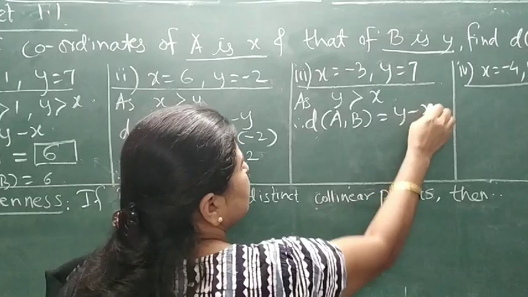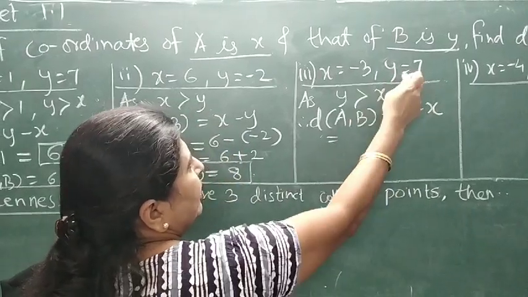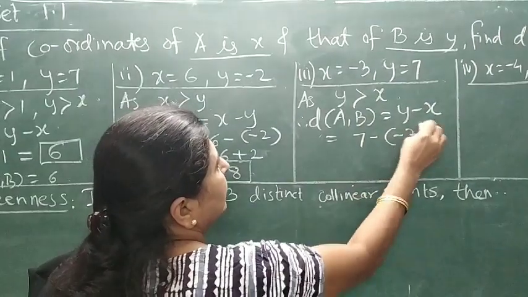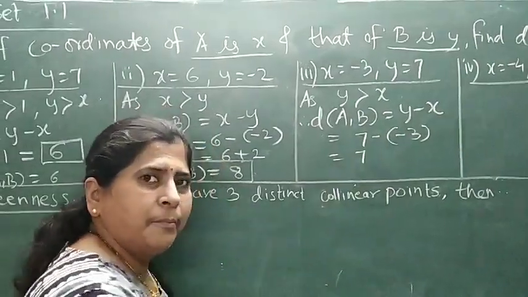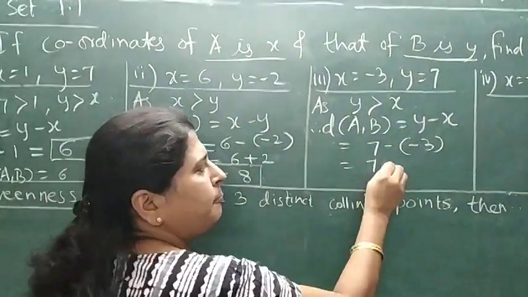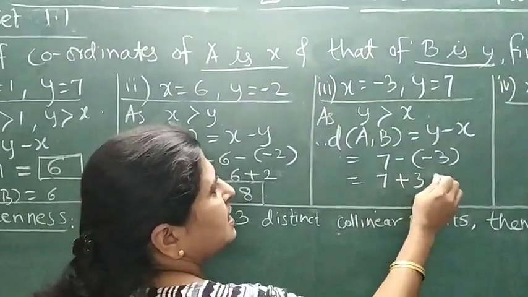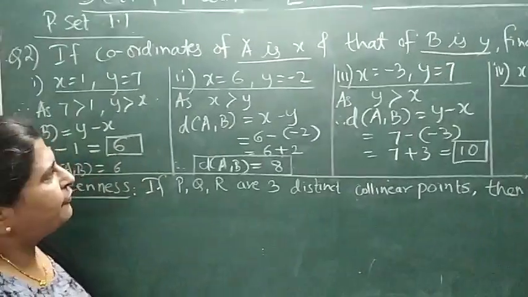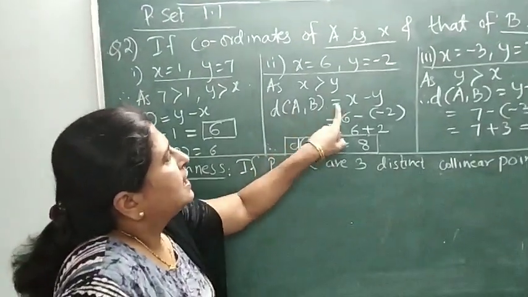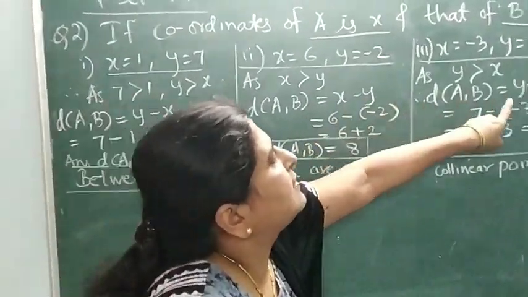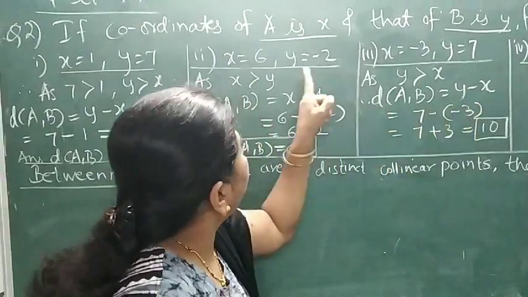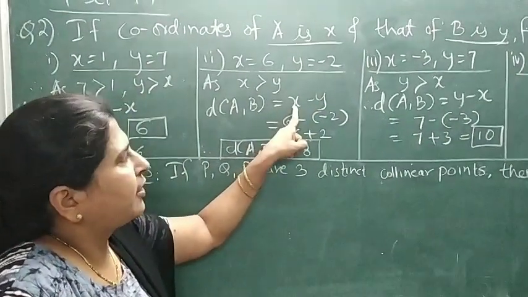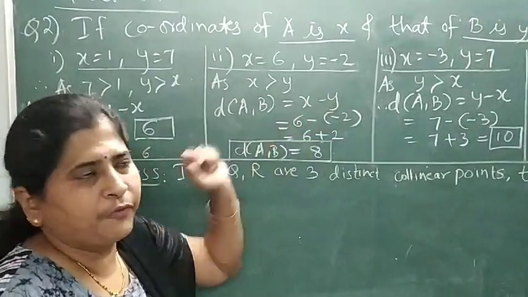That is 7 minus minus 3. 7 minus minus will become plus, and hence the answer is going to be 10. So sometimes the distance between the points comes as x minus y, and sometimes we get y minus x. It depends on the values of x and y. The bigger we have to take first and subtract the smaller from that.